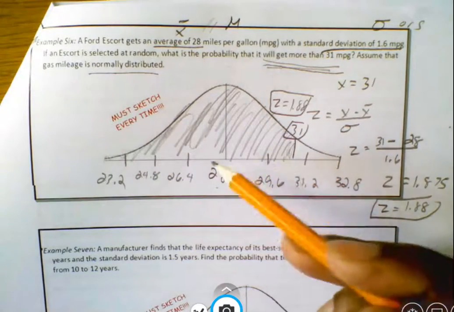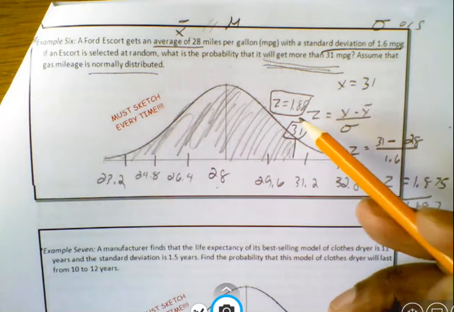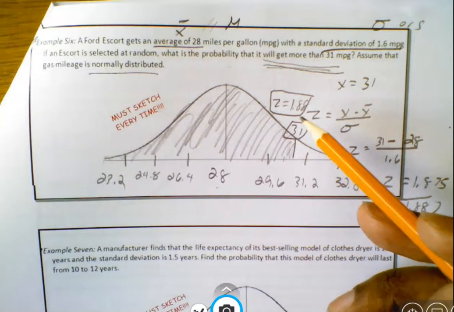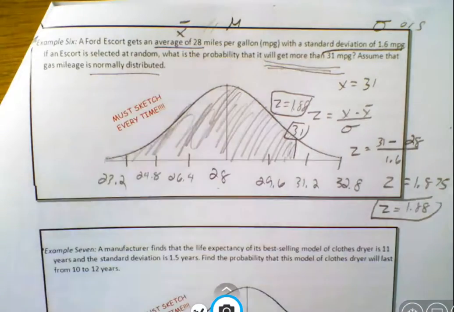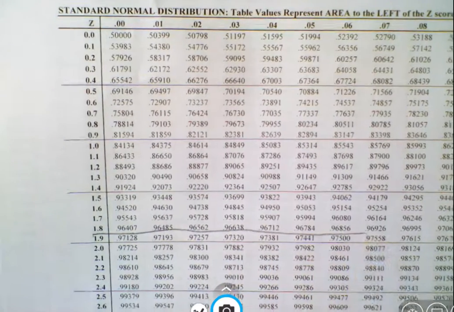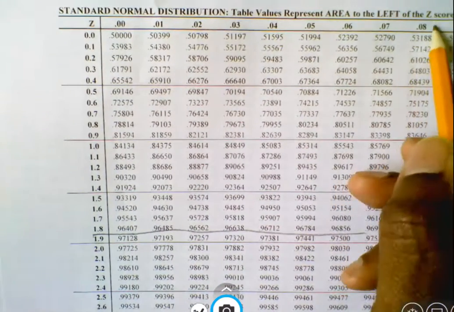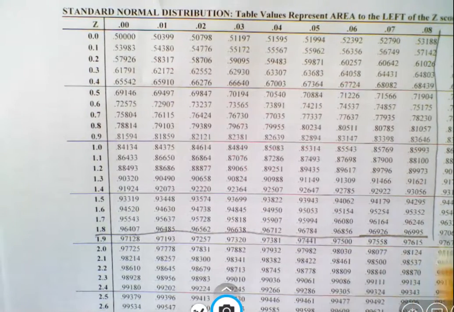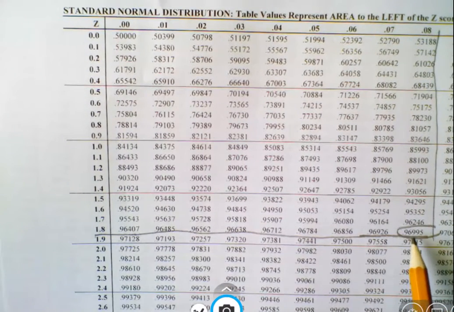The area beneath the curve is to the left of 31, or to the left of that z-score. 31 isn't on our z-score table, but 1.88 is. So I'll go to my z-score table and find 1.88. So here's 1.8, and then here's the other 8, and I want to see what they meet. So this is going to be right here: 0.96995.